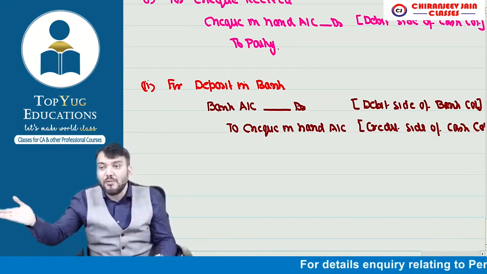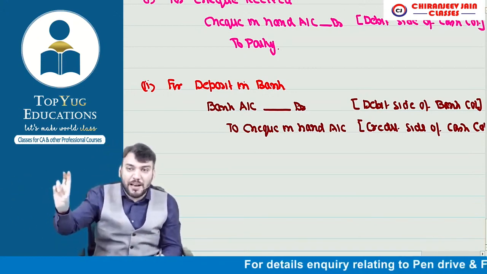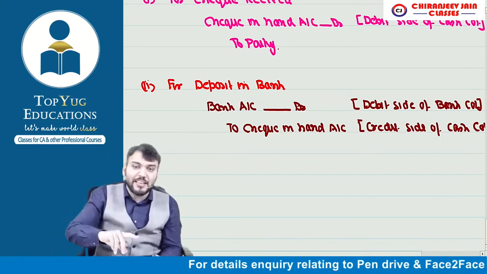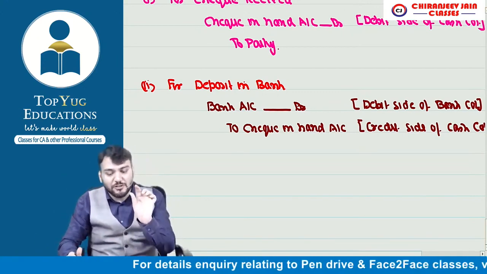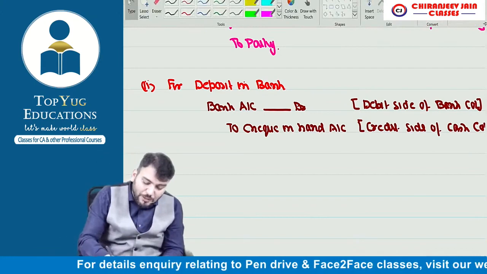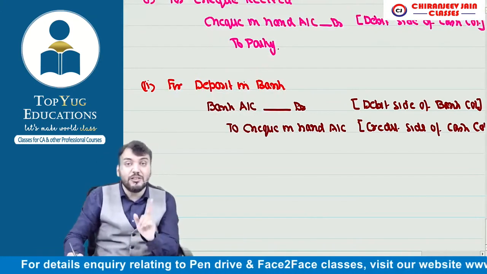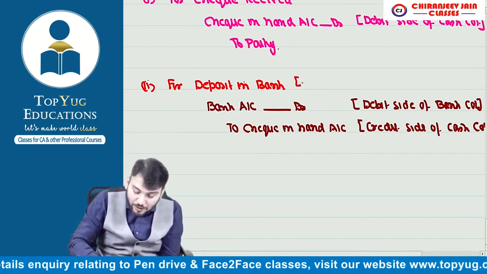There is no other account affected, only cash book is affected by this. Debit side may be or credit side may be, such type of transaction is known as contra entry. I think you might be knowing that a transaction which affects both cash and bank is known as contra entry. So what will we call this? Contra entry.